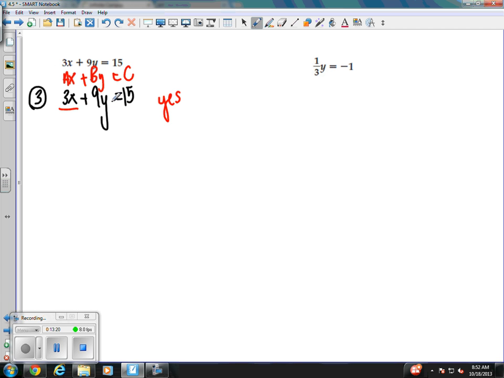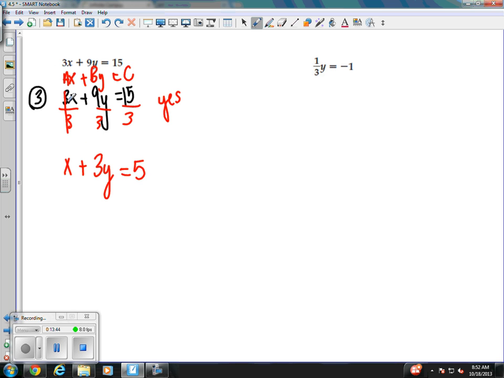So I'm going to have to divide everything up here by 3. The 3's cancel. x plus 9 divided by 3 is 3. Our y drops, so 9y divided by 3 is 3y. Equals 15 divided by 3 is 5. Now we come down here.